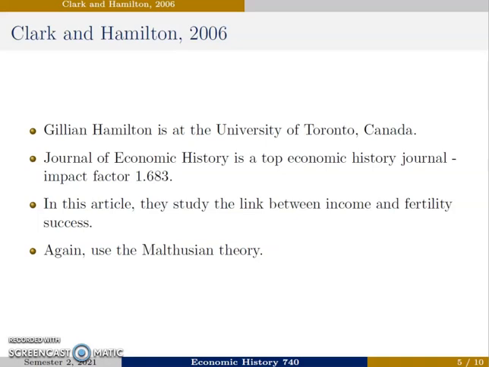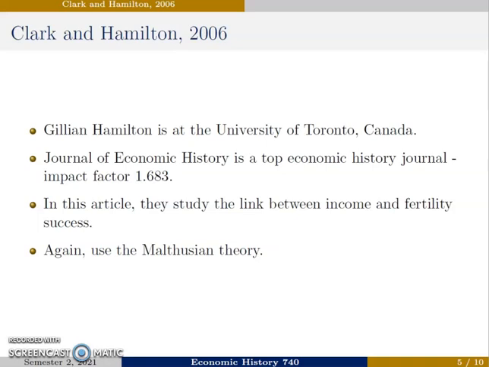So Clark and Hamilton: I mentioned Professor Clark, it's the same Gregory Clark in this paper. Jillian Hamilton is at the University of Toronto in Canada. This is published in the Journal of Economic History, and like I mentioned, this is one of the top economic history journals that I like to read and that most economic historians want to publish in.